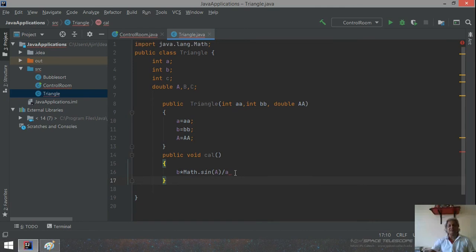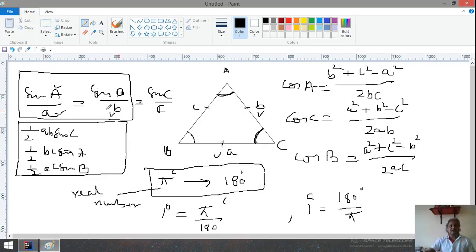So the best way is that when we take the angle from the user, at the same time I'll convert this into radian, and then I'll pass this one into here in double form, so that will be much easier. So now what does this give? This gives you a double value, so double temp. And what does this temp contain? This temp contains the value of sine B.